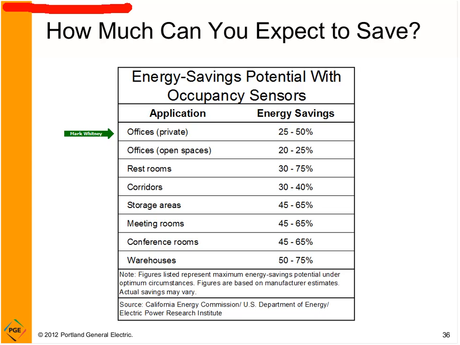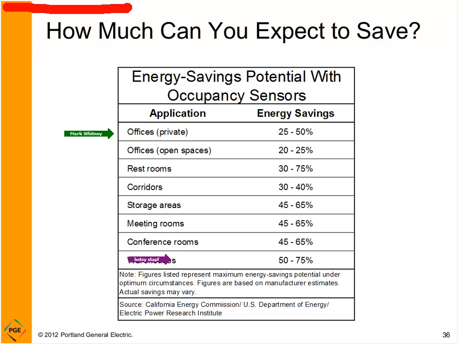So offices, you can save about 25% to 50%. With private offices, open offices, it's not quite as much. There's usually a little bit more activity. Another thing about occupancy sensors that's important to know is the ownership of the space. If you have a private office, it's your space.